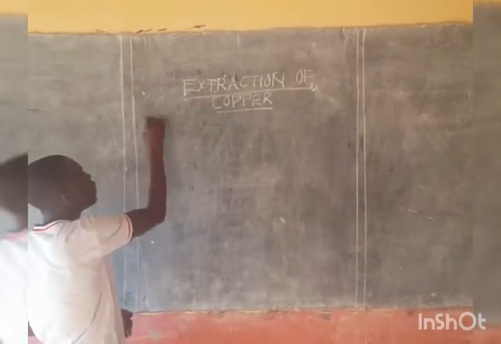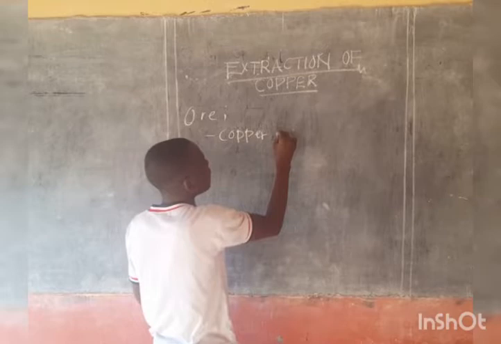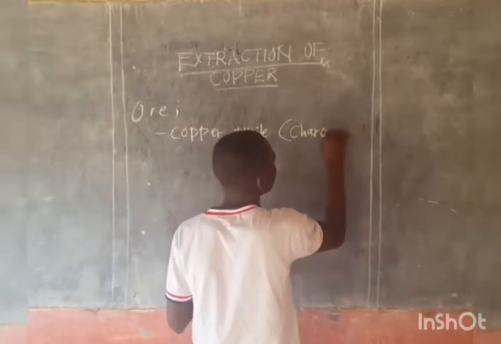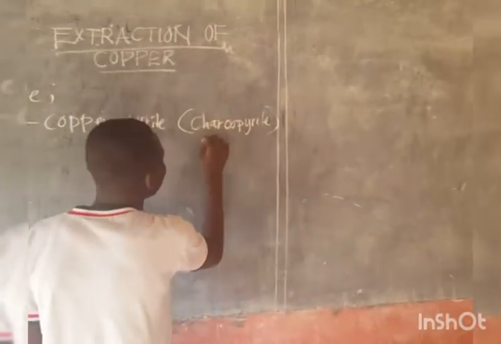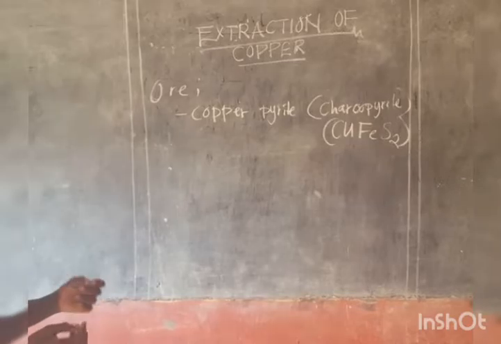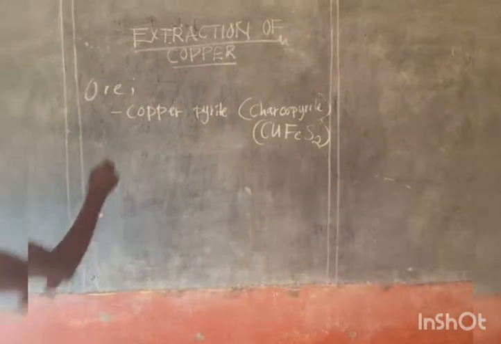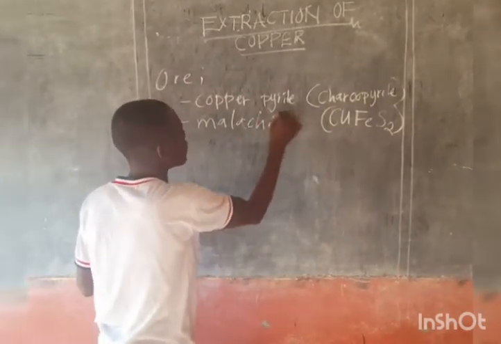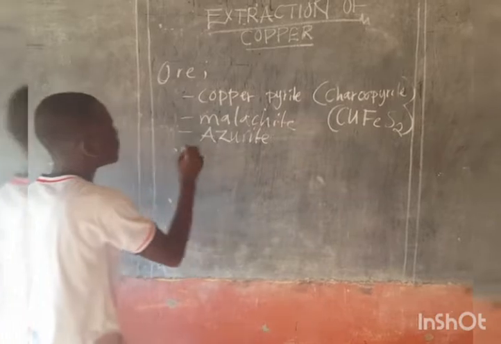The main ore used to extract copper is what we call copper pyrite or chalcopyrite, which has a chemical formula of copper iron sulfide. Other ores used to extract copper are malachite, azurite, and chalcocite.